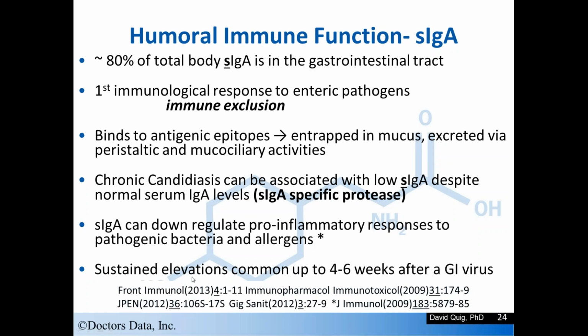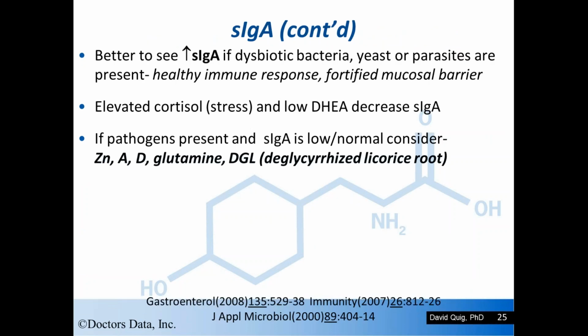Keep in mind that secretory IgA can remain elevated for up to 4 to 6 weeks after a gastrointestinal virus, so it's always important, if you see elevated secretory IgA in a stool specimen from our test result and there's no pathogens present, ask the patient whether they've had a recent gastrointestinal or acute virus. Now, it's always better to see increased secretory IgA if dysbiotic bacteria, yeast, or parasites are present.